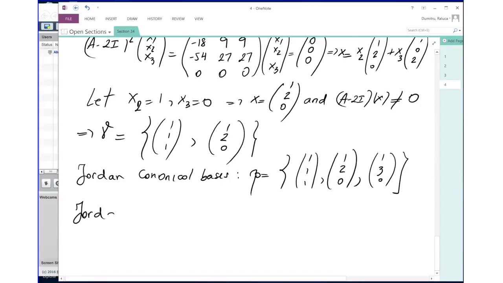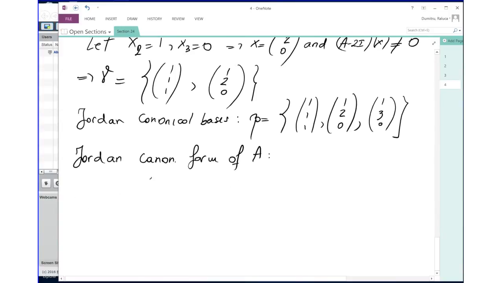And the Jordan canonical form is the following. It's going to be a 3 by 3 matrix. This very last one came from the first eigenvalue. It was a 1 by 1 thing.